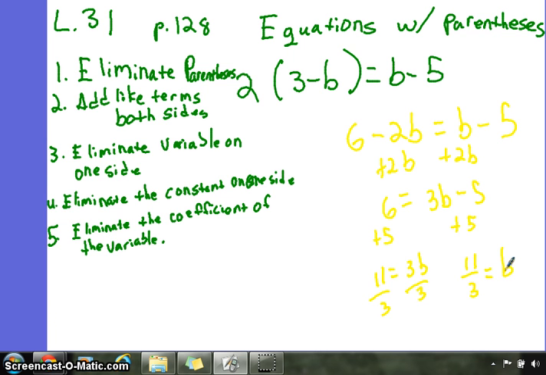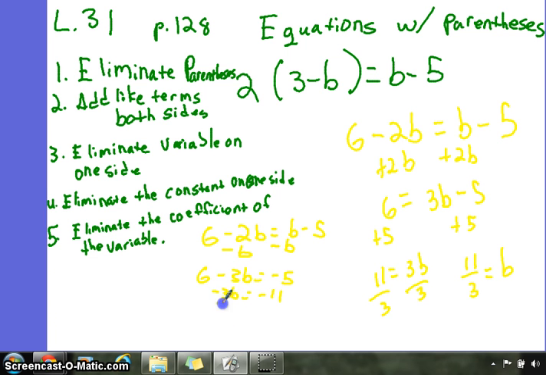So if you do it the way Riley suggested, let's see if I can squeeze this in here. You start with 6 minus 2b equals b minus 5. Subtract b on both sides. Then you got 6 minus 3b equals negative 5. Then you got negative 3b equals negative 11.